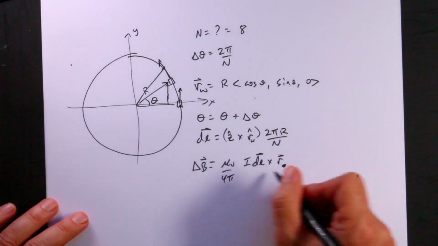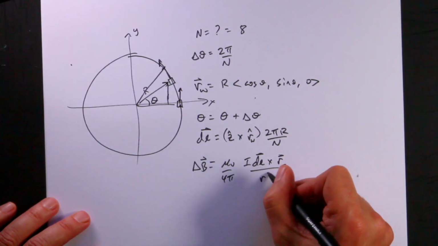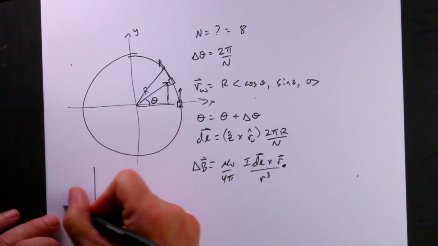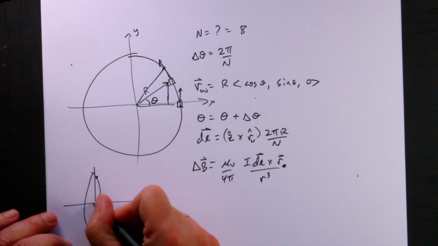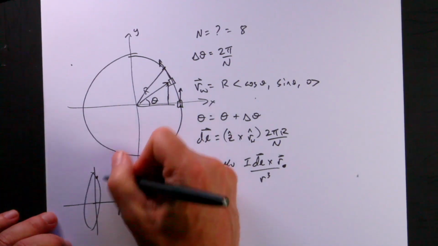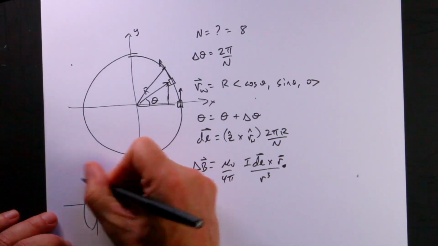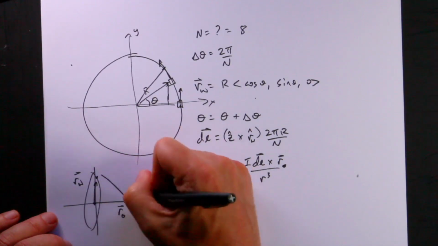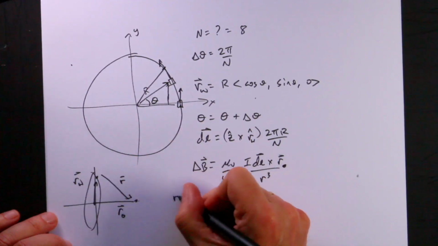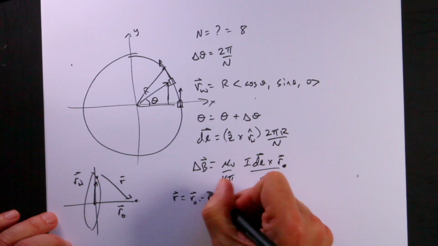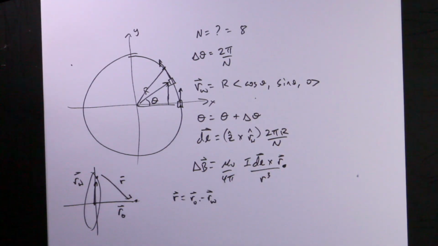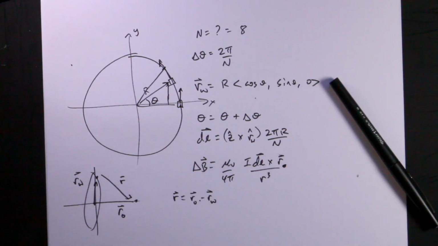That's an important point too. If you look at this from the side, here's my wire, here's my piece, here's my observation location R O, and this is R wire, and that's R. So R is R O minus R wire. Okay, we've wasted enough time on paper. Let's get to the programming.